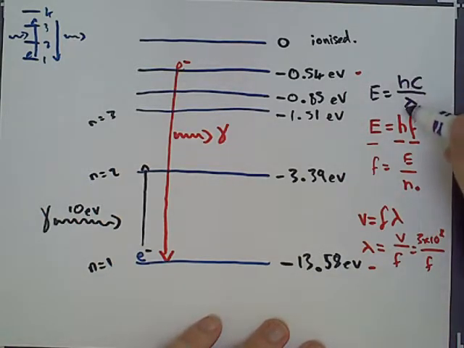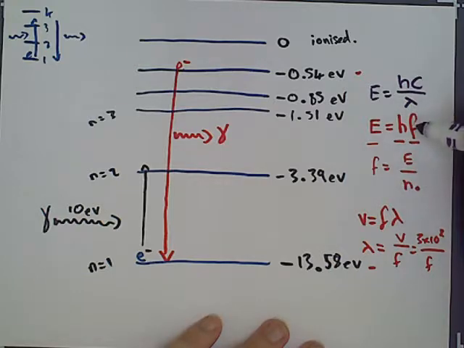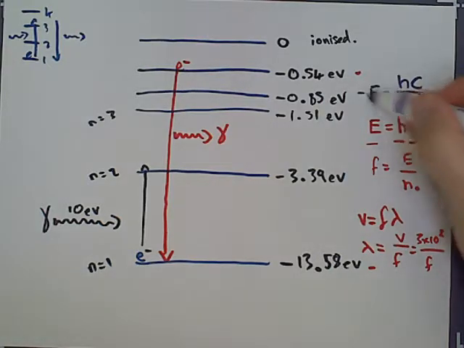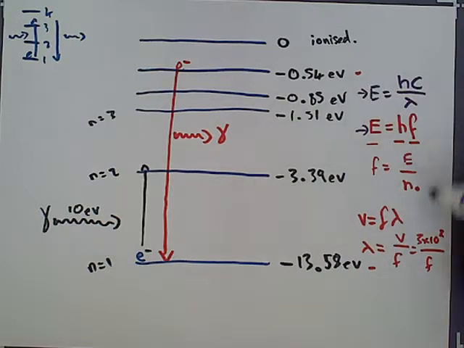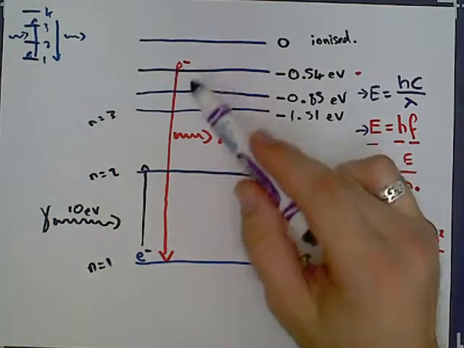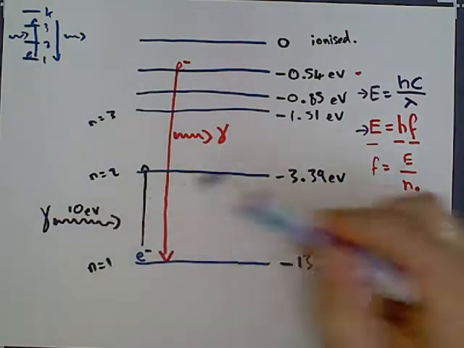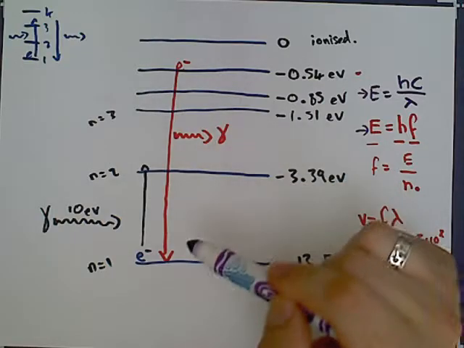So hc over lambda, we've swapped out the f for a variation of what it is in terms of c and lambda. So we have two very nice equations which allow you to work out exactly what light has been given off and exactly what light has been absorbed, which is really useful.